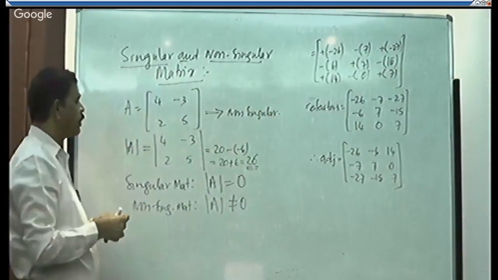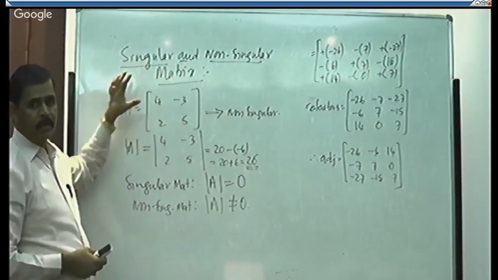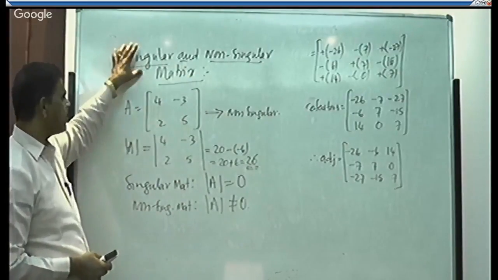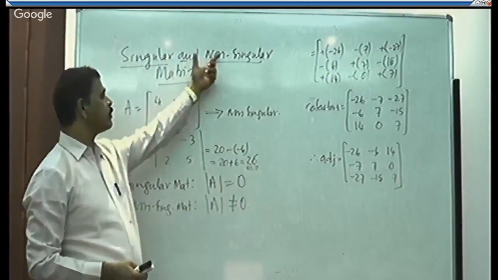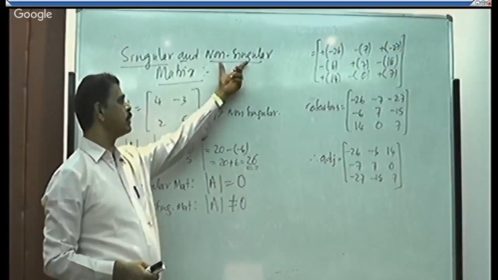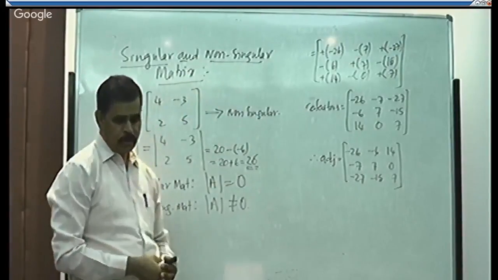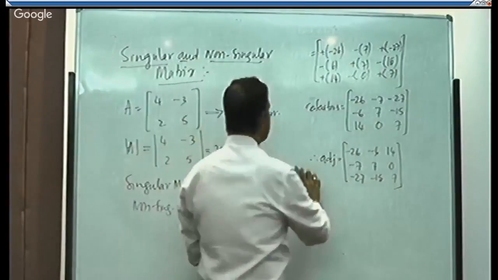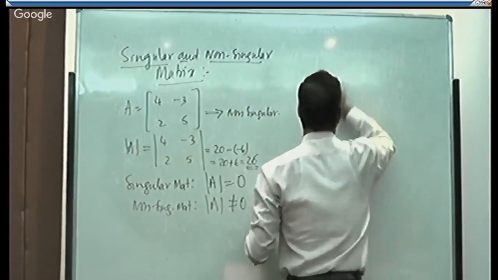Simply, we can say the definition of singular and non-singular matrix as: a matrix is said to be singular if its determinant value is equal to 0. A square matrix is said to be non-singular if its determinant value is not equal to 0. Sometimes based on this concept, they will ask you a problem.